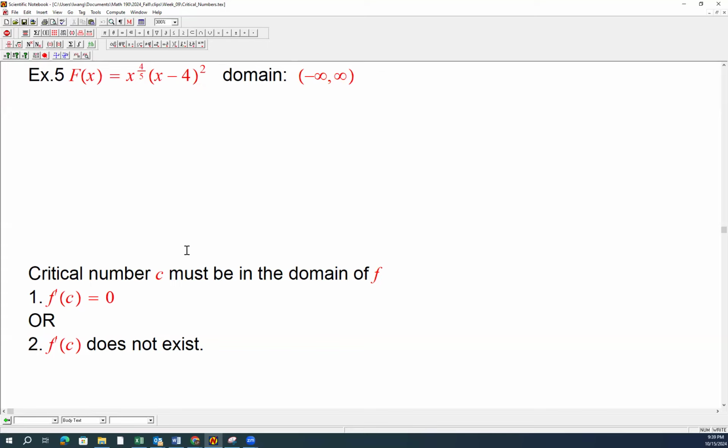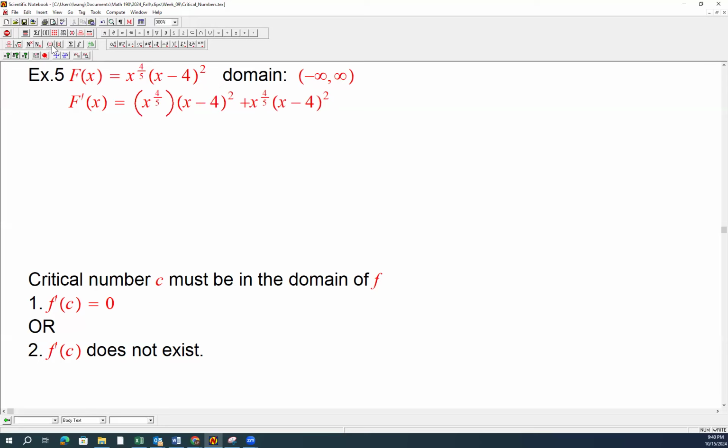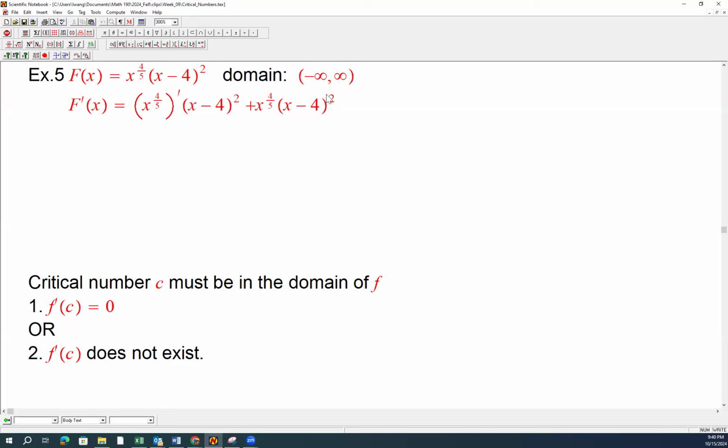So far, all of our critical numbers are in the first category. So let's see what's going to happen here. We're going to find the derivative function, and we're going to use the product rule. It's a product, so we're going to differentiate that part, and we're going to differentiate this part.